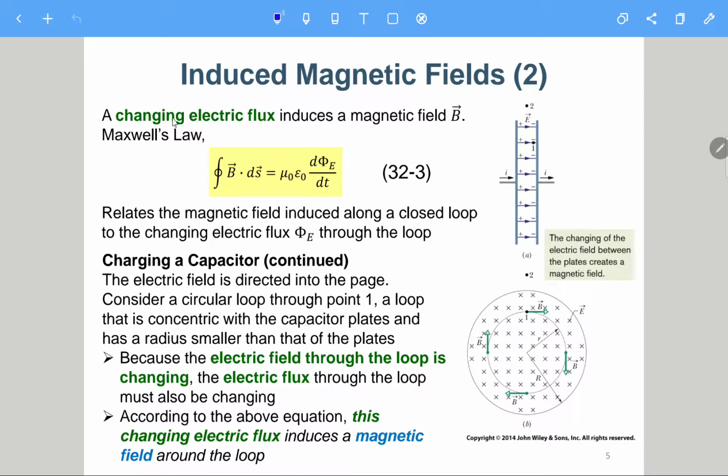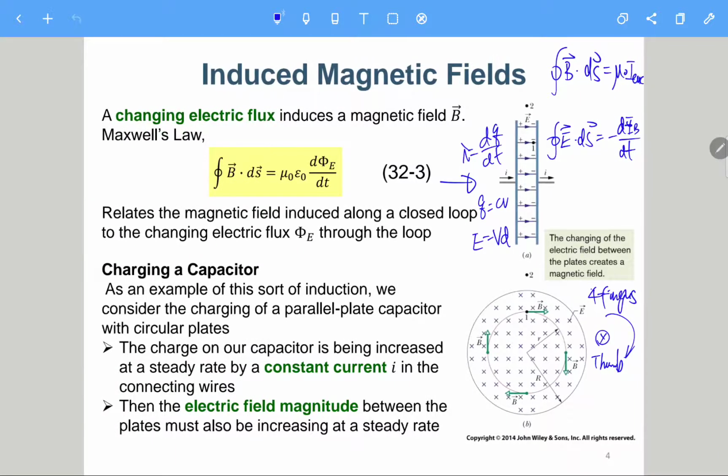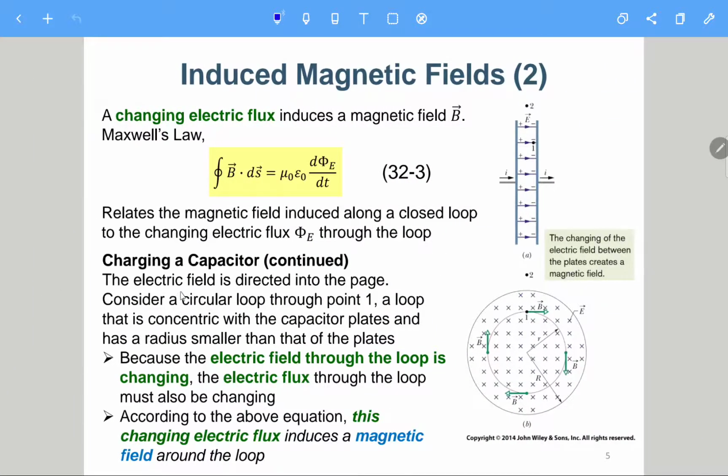Okay, so a changing electric field: the electric field is directly into the page. Consider a circular loop through point 1, a loop that is concentric with the capacitor plate.